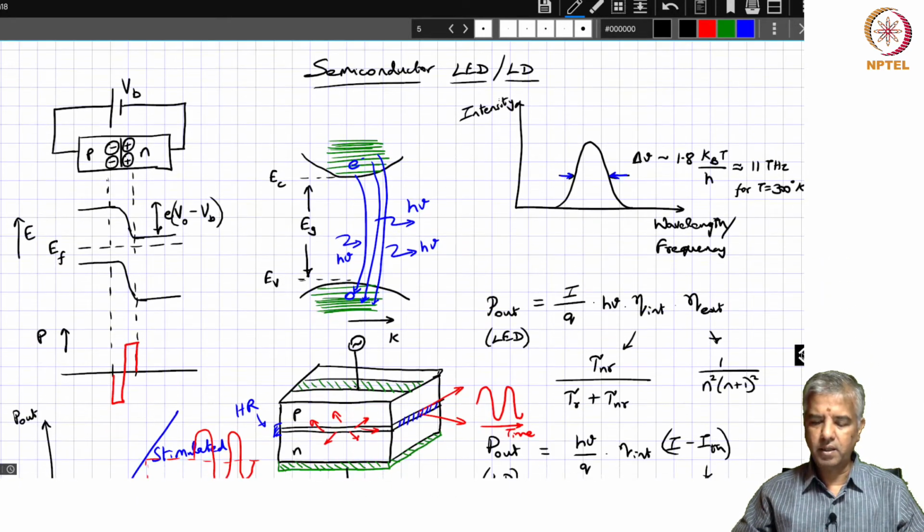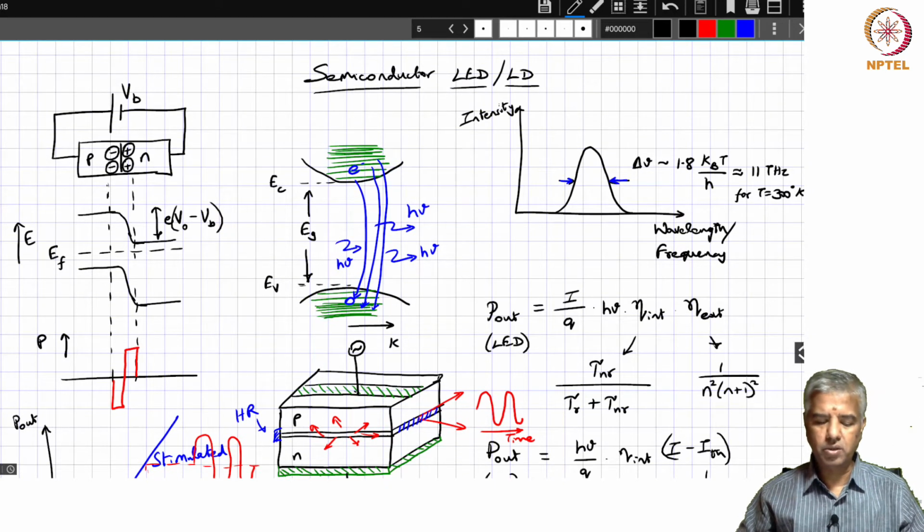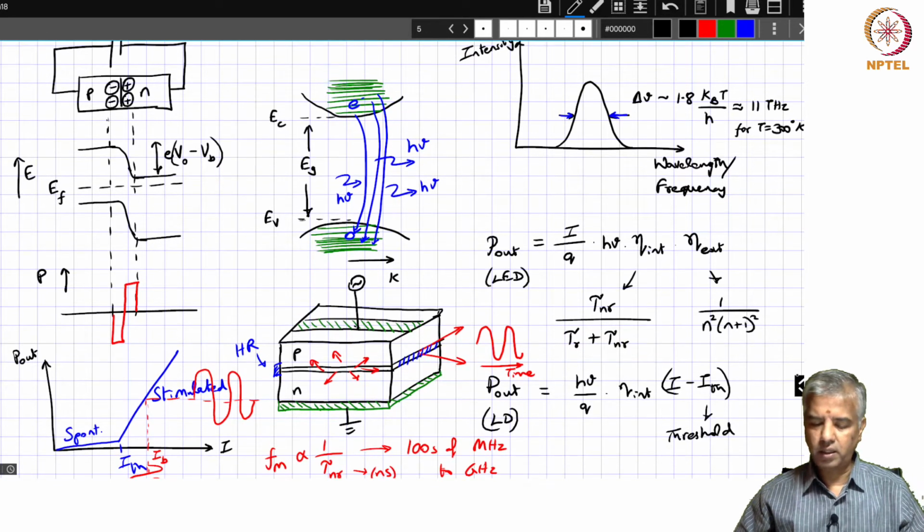We said semiconductor light emitting diodes or laser diodes are going to be based on PN junctions, a forward bias PN junction typically, and it's typically a double heterostructure, so that all the carriers that are injected into this structure are going to be trapped or confined within this active region, which has lower band gap energy compared to the surrounding regions, and there we typically have this recombination of an electron with a hole, and that's generating light, right?